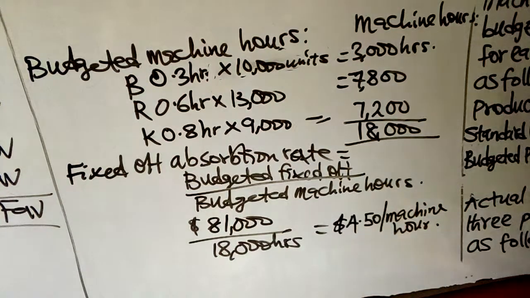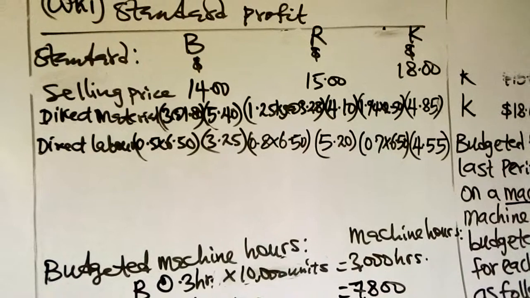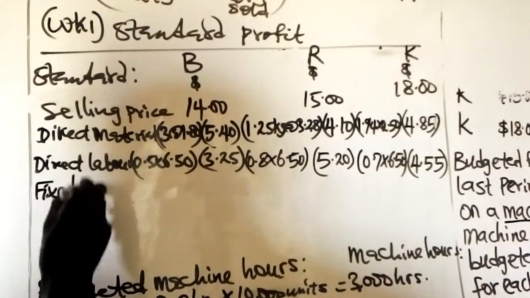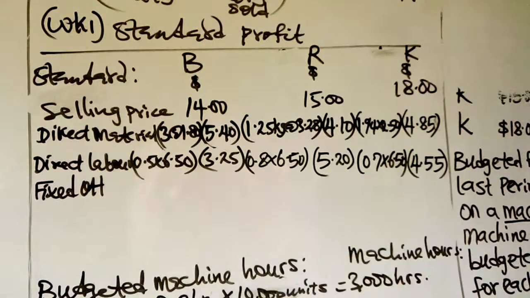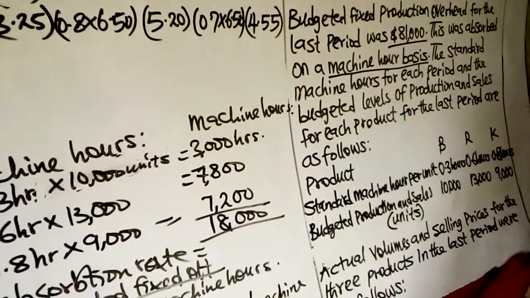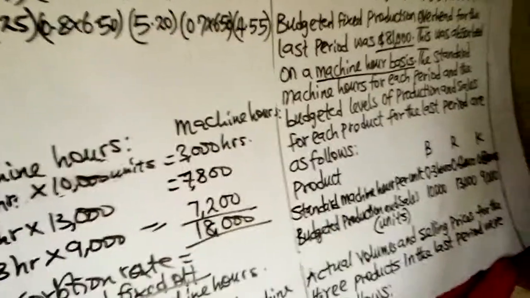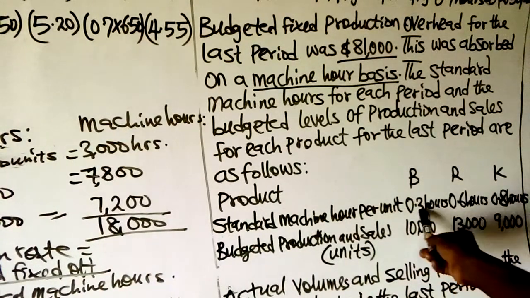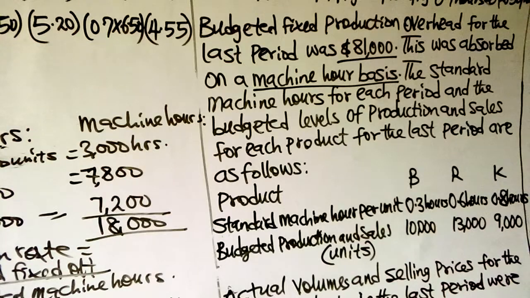So you are now going to absorb your fixed overheads to the products on a machine hourly basis. To produce a unit of product B, you will require 0.3 machine hours, to produce a unit of product R, you will use 0.6 machine hours, and to produce a unit of product K, you will require 0.8 machine hours.